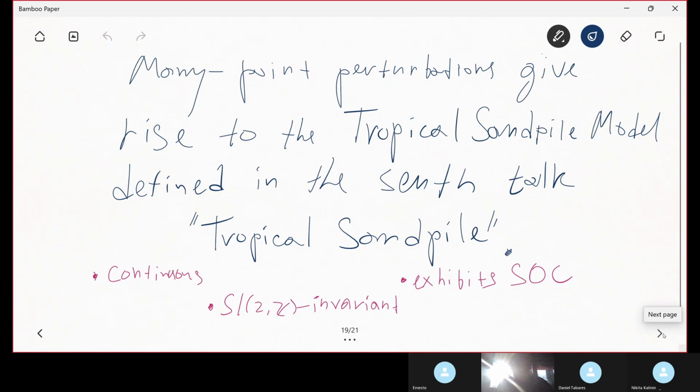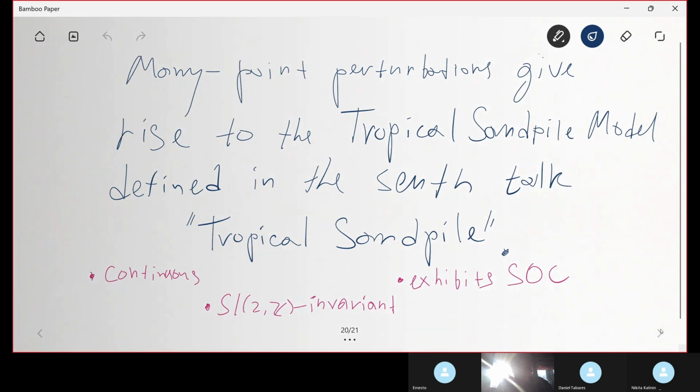And maybe Nikita also was one of the guys who contributed a lot, but there were several people, so I don't go into that. Anyway, this is one of our very popular works, self-organized criticality through the lens of tropical geometry, where we show that this tropical sandpile model actually exhibits SOC, self-organized criticality, and it's the only known model which is also continuous and has this property. And one extra thing that I think is very important is that it's SL2Z invariant.